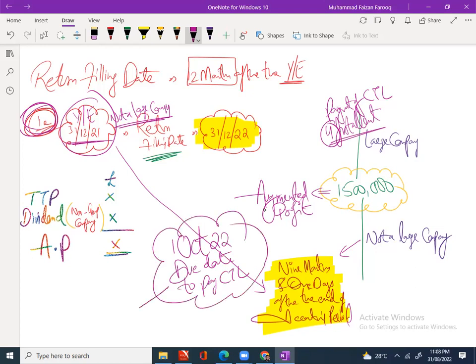Why? Because this is not a large company. We are just done with how not large companies are going to pay their tax liabilities. Any questions?